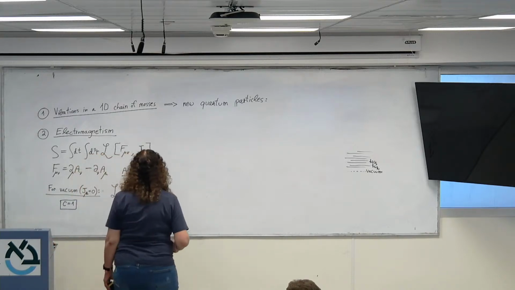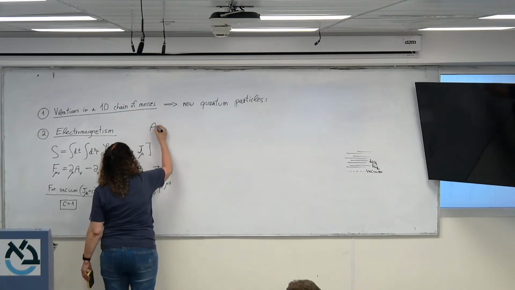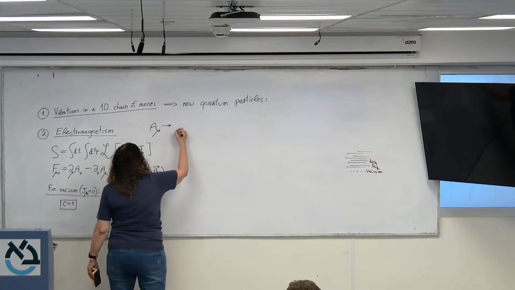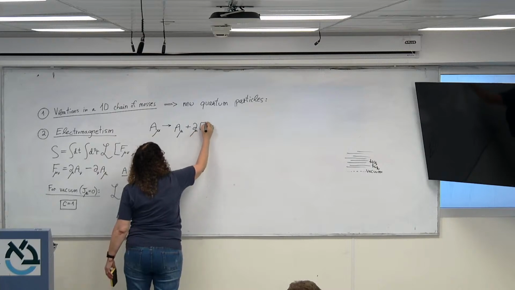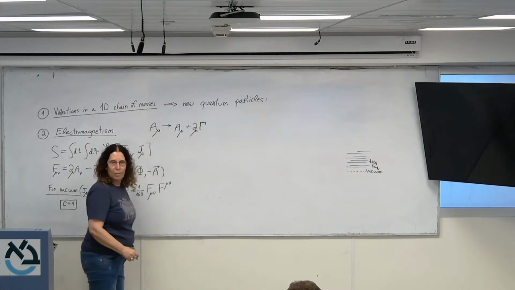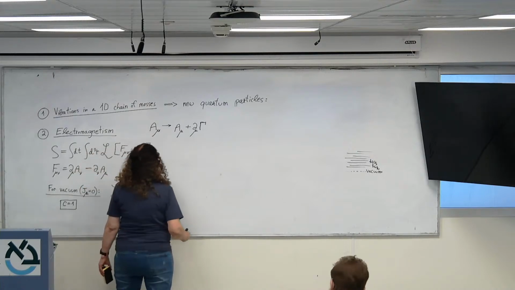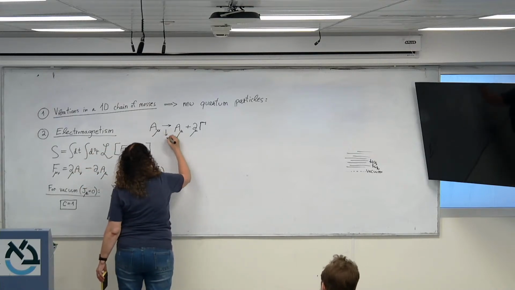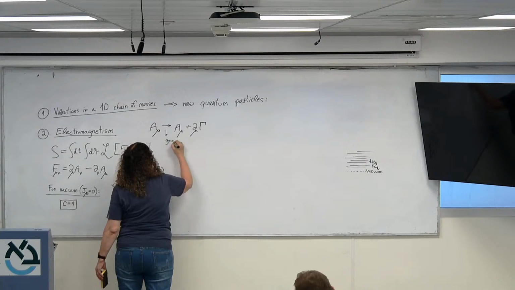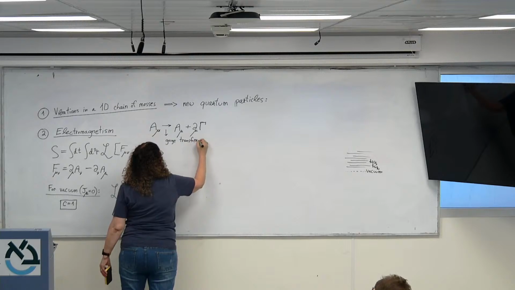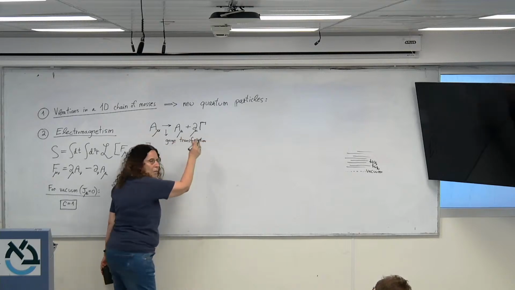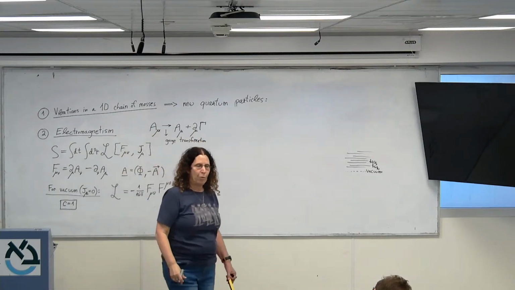So if I have some representation of the vector potential A, and I transform it by just adding a derivative of some scalar function, this is a gauge transformation. This is a symmetry. It doesn't change the physics, okay?